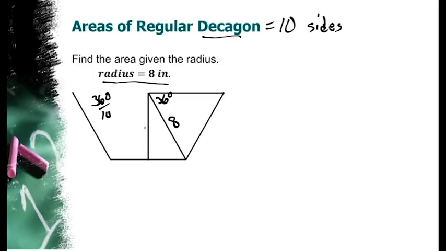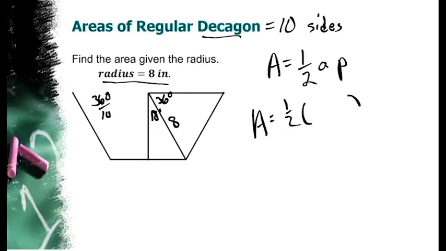Half of 36 degrees, because the apothem splits our central angles in half, would put us at 18 degrees. Now we can start figuring out what we need for our formula for the area, which is 1/2 the apothem times the perimeter. Unfortunately, in this case, we don't know either the apothem or the perimeter, so we're going to have to do a bit of work on this one.